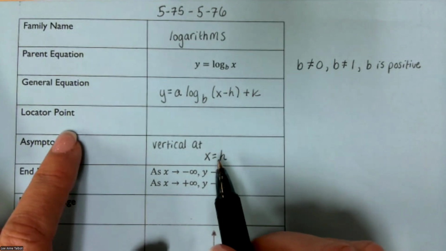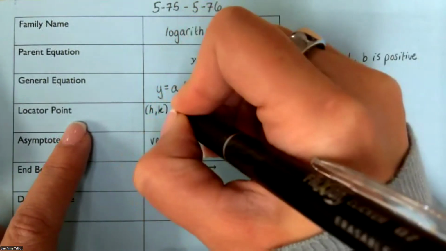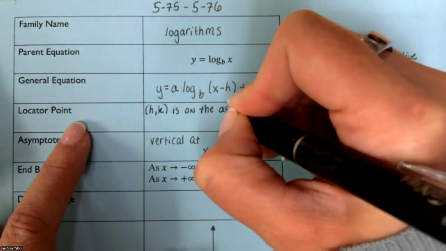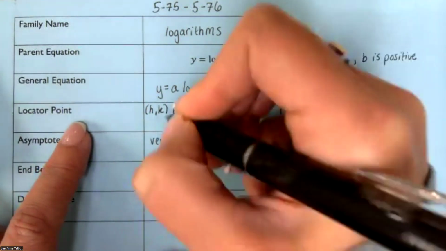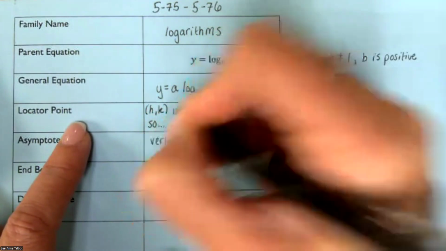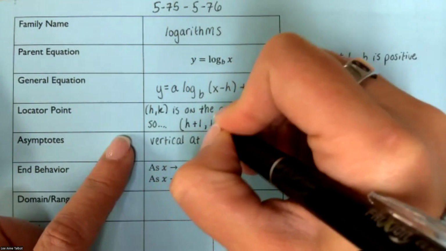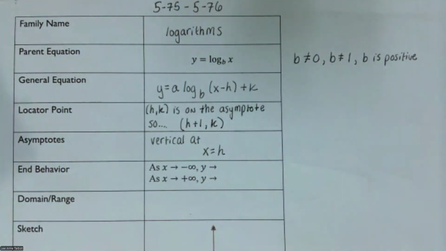That's not where the curve is. So we're going to make ourselves a note. (h, k) is on the asymptote. So dot, dot, dot, locator point is (h plus 1, k). We're just going to move it one over.